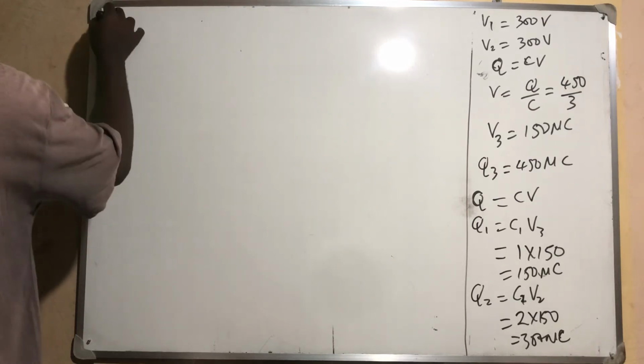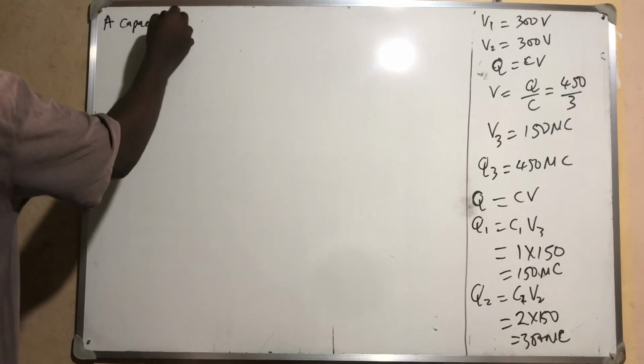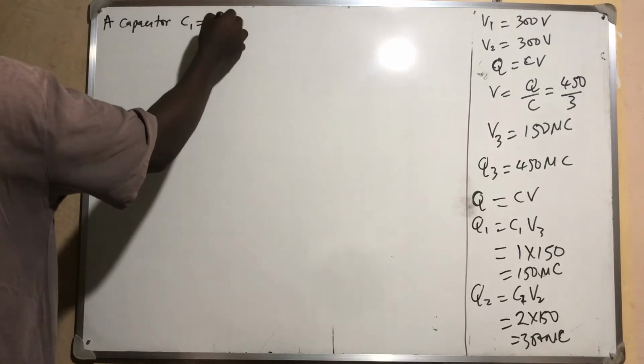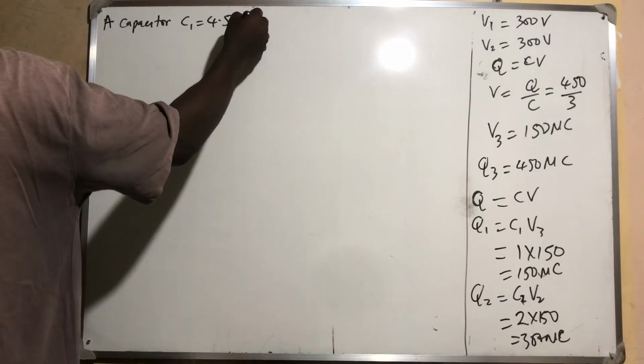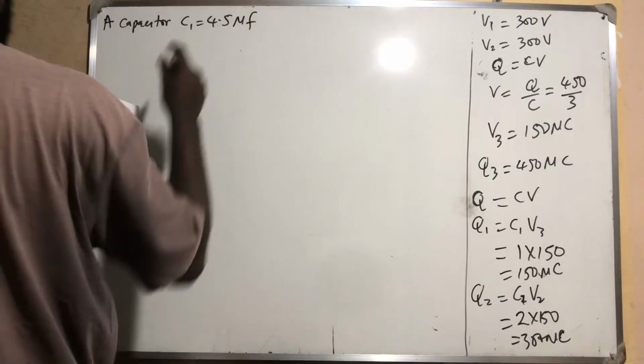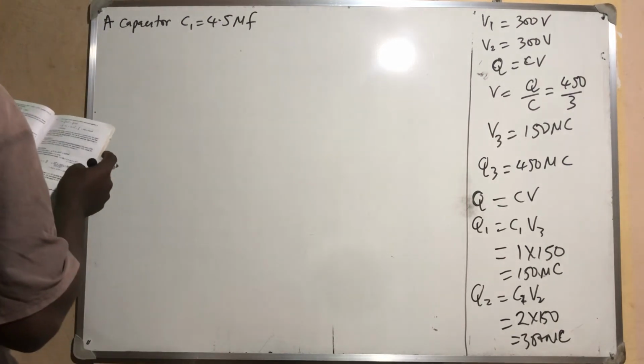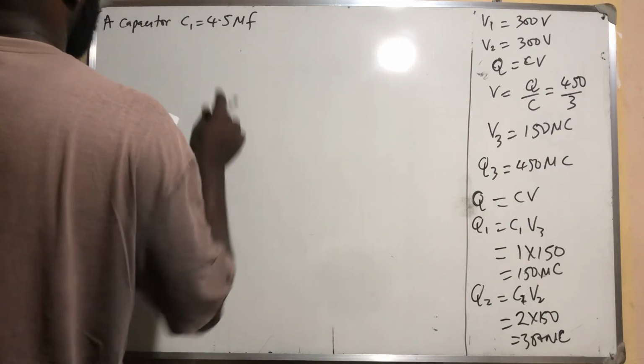Right? So I have a capacitor C1 equal to 4.5 mu farad, 4.5 microfarad. Well, I call it mu, but they call it microfarad here. Okay, so it's the same.